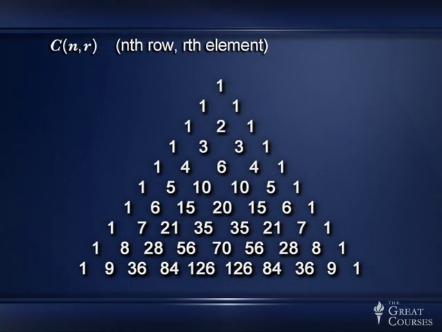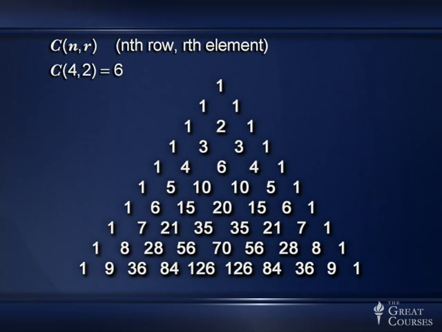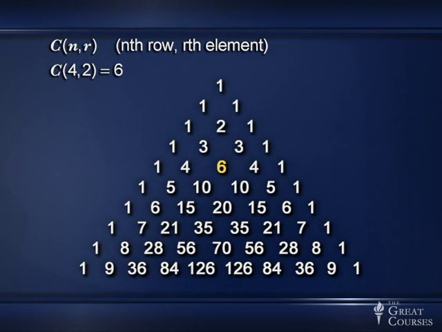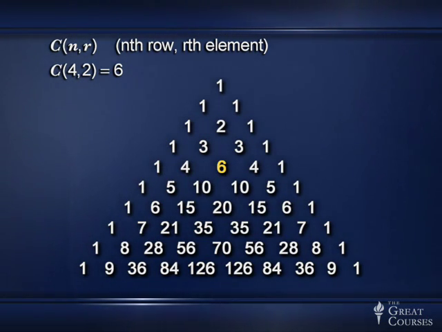So let's just try to make sure we're on the same page with this. C of 4 comma 2 would be the 6 that's in row 4 and is the second element of that row. Remember, the 1 at the front of that row is actually the 0th element, and then the 4 in that row is the first element, and then the 6 in that row is the second element.